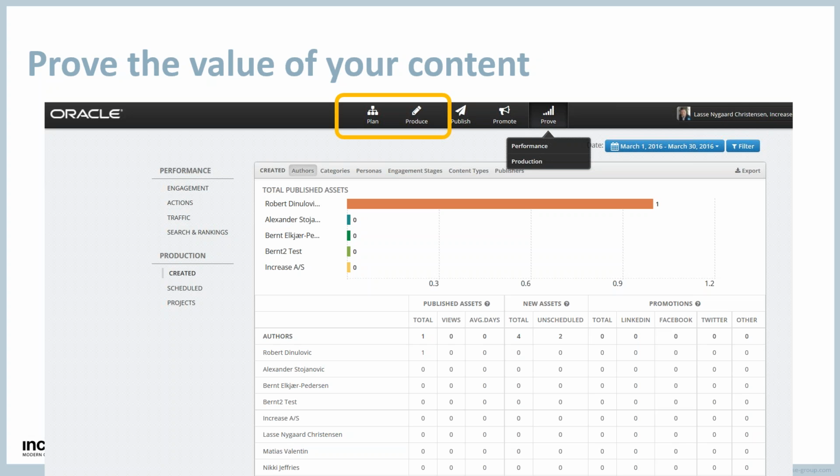So let's dive a bit into the first two pieces, the plan and the produce.